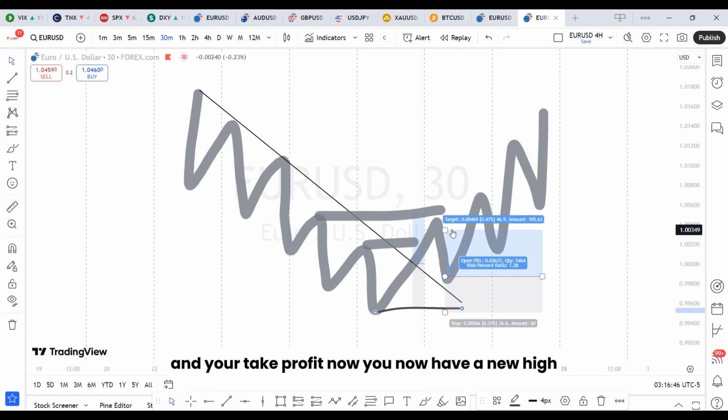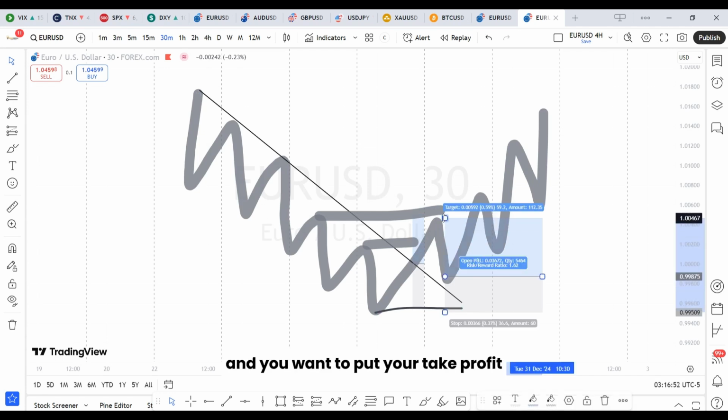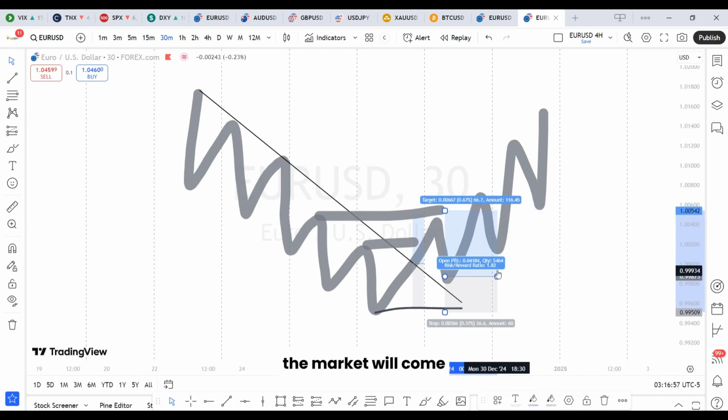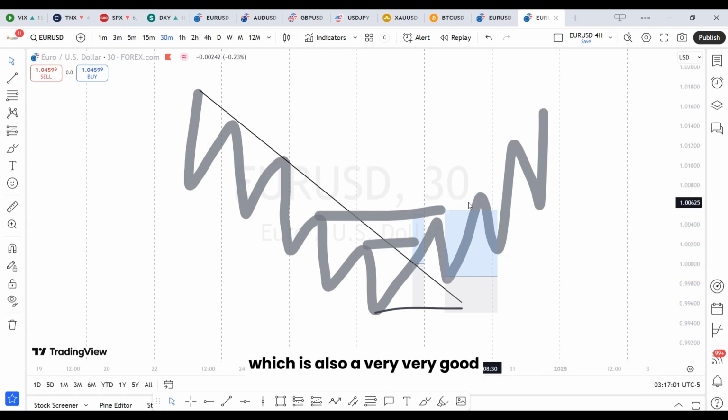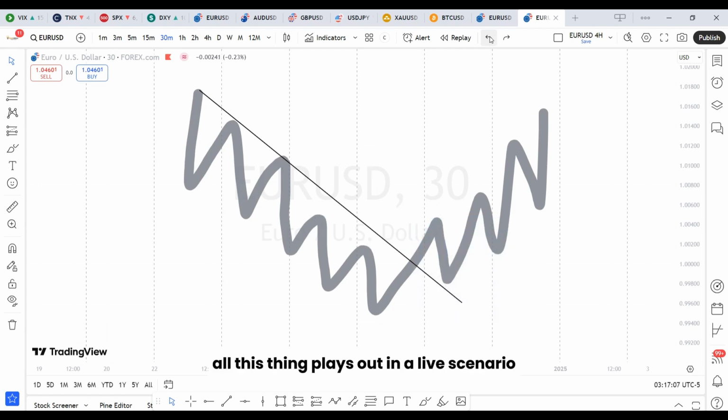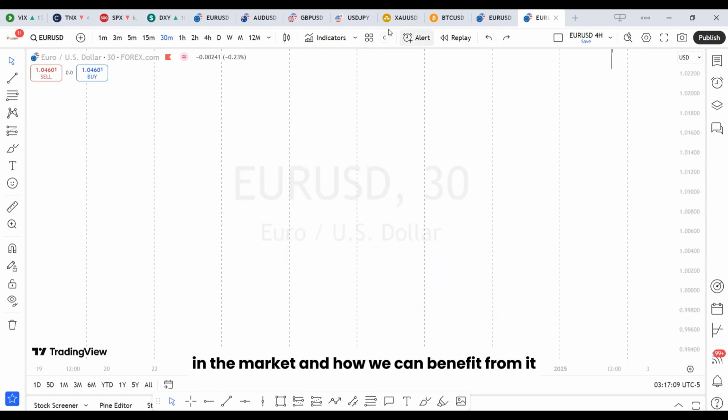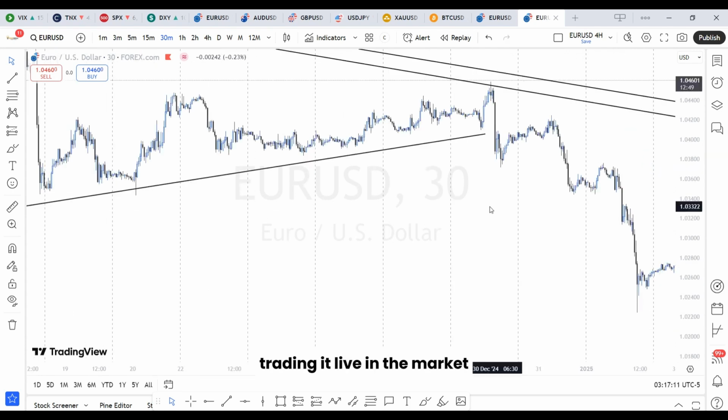And your take profit, you now have a new high which is above the previous trend, and you want to put your take profit above the new high. And most of the time the market will come and you have a 1:8 risk to reward, which is also a very good trade. So let's go to the live market and let's see how all this plays out in a live scenario and how we can benefit from trading it live in the market.